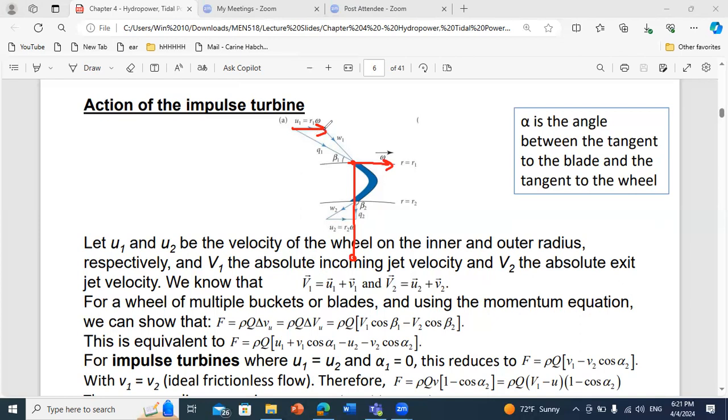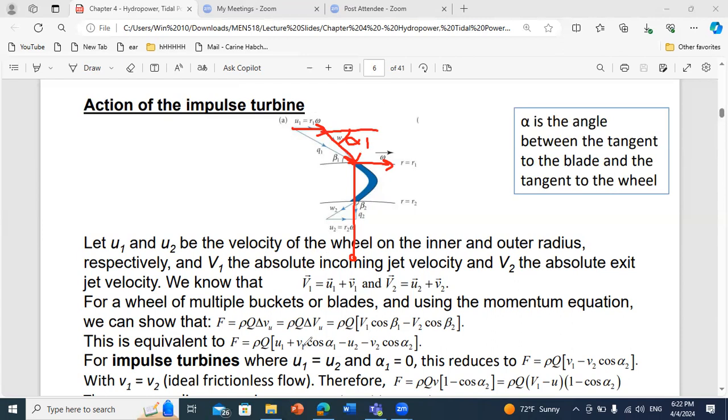But the relative velocity of water makes a certain angle, which we'll call alpha. If you call the angle between the relative velocity and the tangential direction alpha 1, then the projection of W1 on the tangent to the wheel is equal to W1 cosine alpha 1.